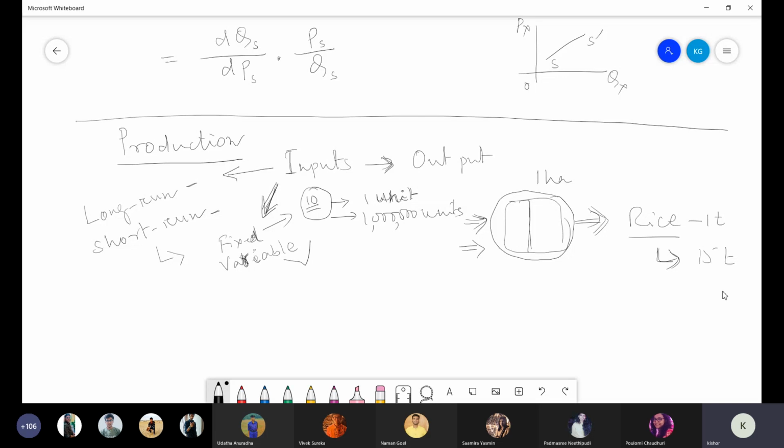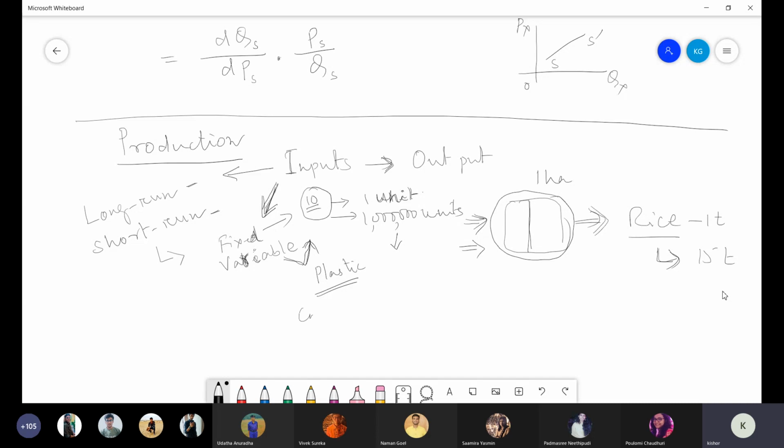But here, depending upon the level of output, I may change certain inputs. If I produce 1 unit, my requirement of plastic will be a very small quantity. If I produce 1 million units of this pen, my requirement of plastic will be different. So in this case, plastic is an example of variable input. Depending upon the level of output, the requirement of plastic varies.